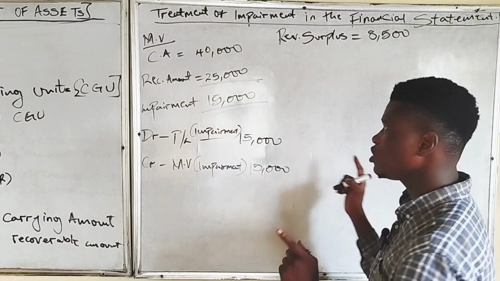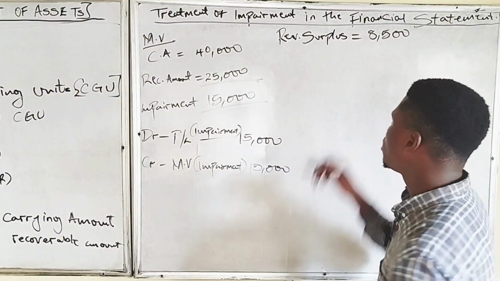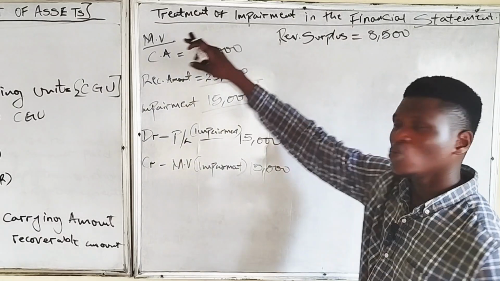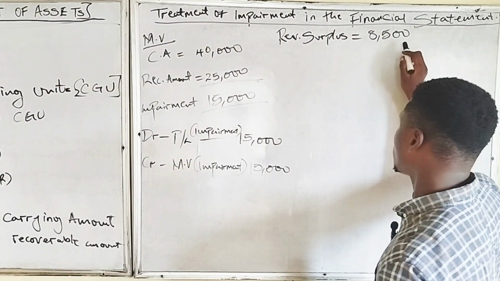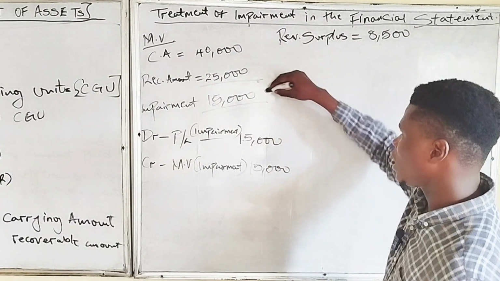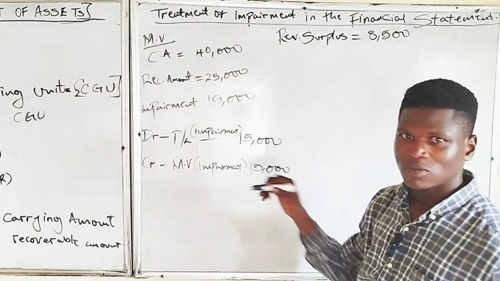Note that it has to be on the same asset. So there's a revaluation surplus on the motor vehicle from the previous year of 8,500. Now we have an impairment of 15,000 this year.